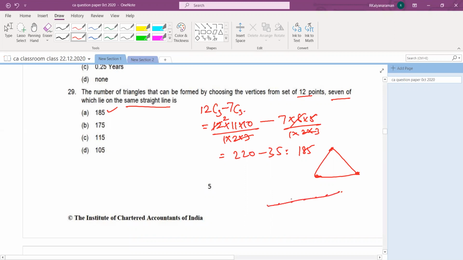So any 3 you choose out of them, a triangle will not be formed. So that many triangles are reduced. I am using the shortcut for 12C3 that I have already told you many times. The formula is 12 factorial by 3 factorial into 9 factorial. I am not using this; this is a shortcut for that.